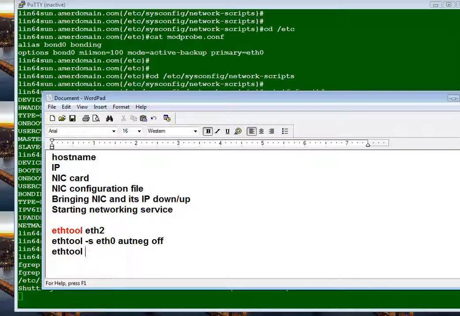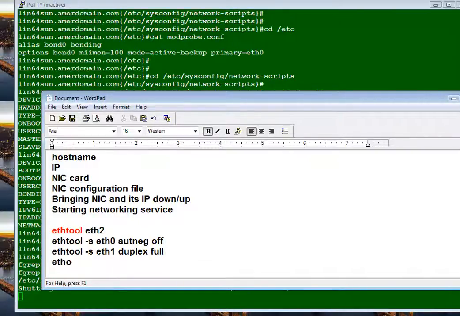Similarly, if you want to set the speed like 1000 or duplex, you can say ethtool -s, for example if you have the eth1 card, and you can say duplex full, like this.